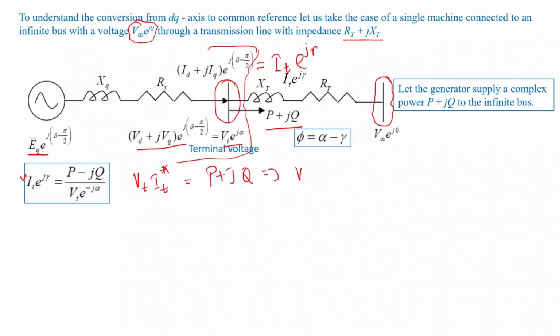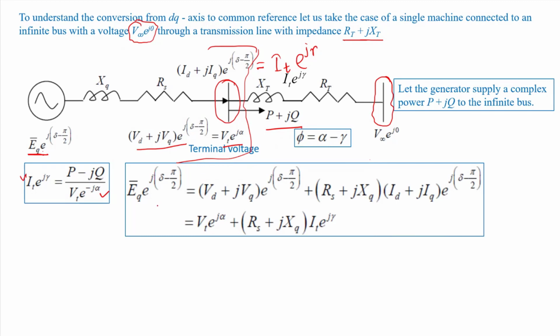So therefore Vt star IT will be equal to P minus jQ, right? So from this expression I can write IT equal to P minus jQ by Vt conjugate, that is in fact represented as Vt e to the power minus j alpha. This is Vt conjugate, right?